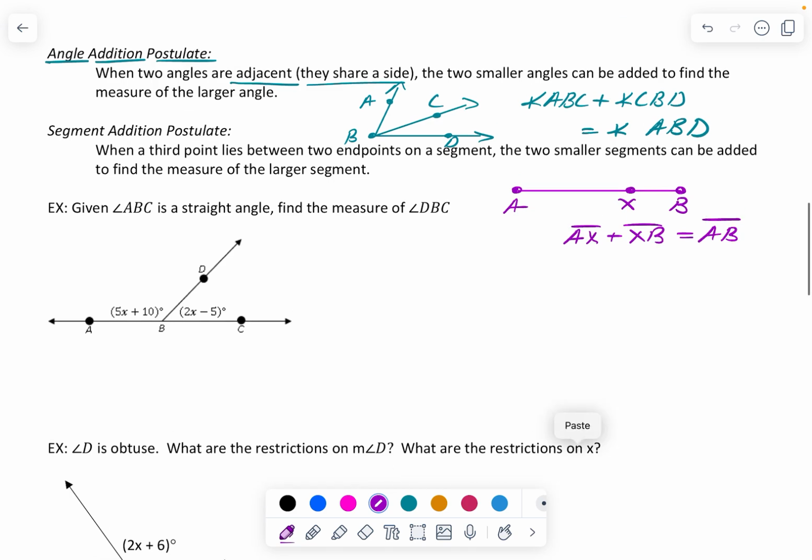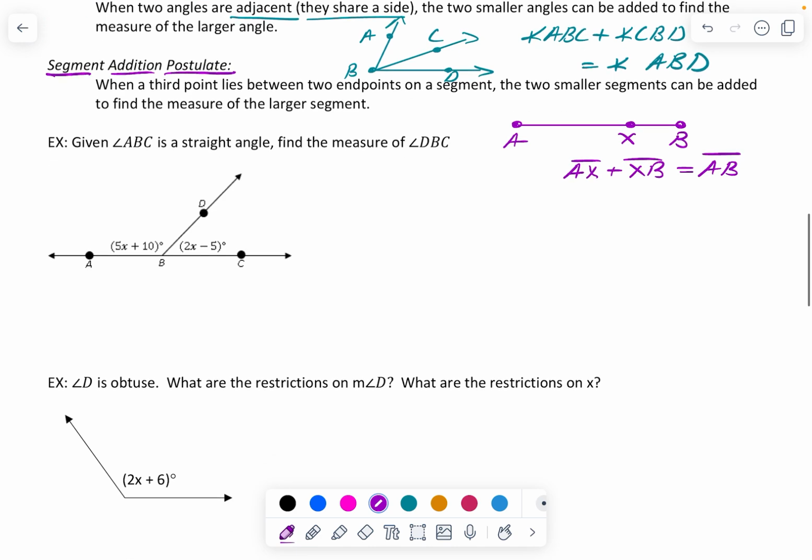So, let's use these postulates to figure some things out. Let's do some math. In this first picture, it does say that angle ABC is a straight angle. So we know that the measure of angle ABC is equal to 180 degrees.